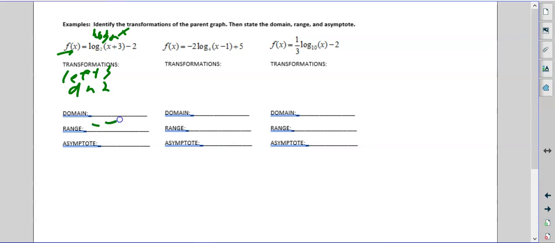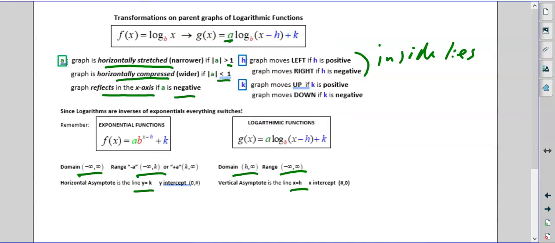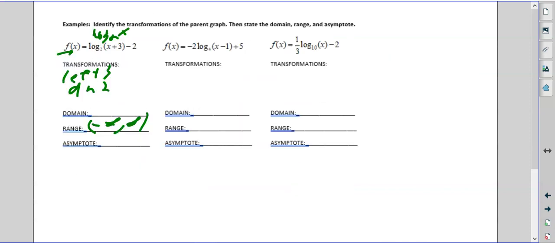The range is always negative to positive infinity. Now the domain and asymptote, remember, the domain is h, this number here, to infinity. So in this case, h is negative 3, so negative 3 to positive infinity, and that is also going to be my asymptote.